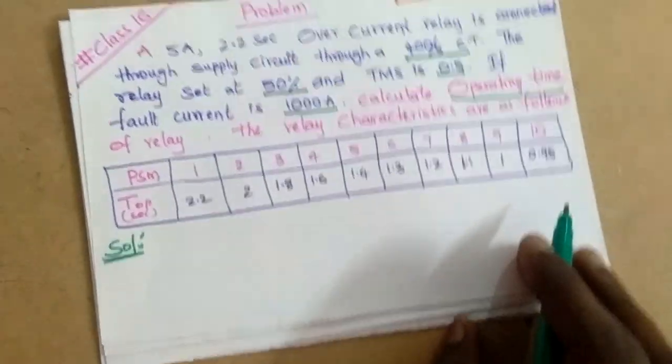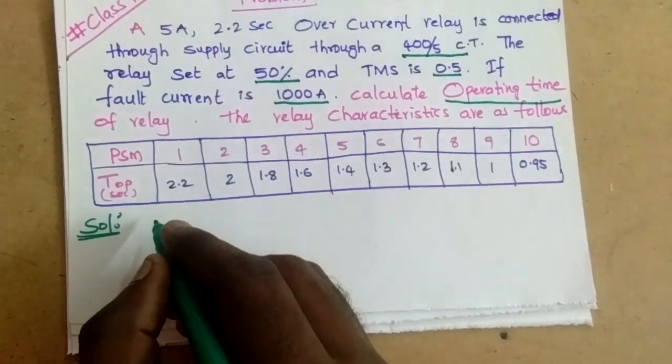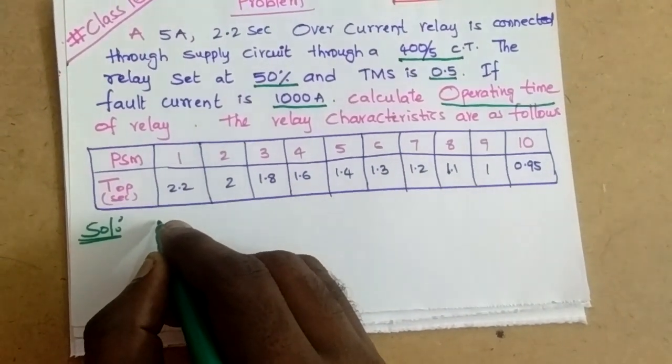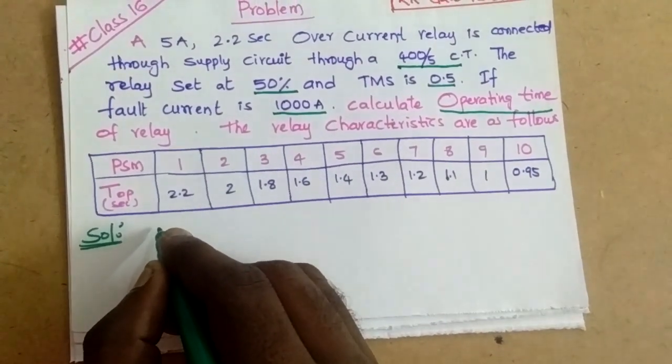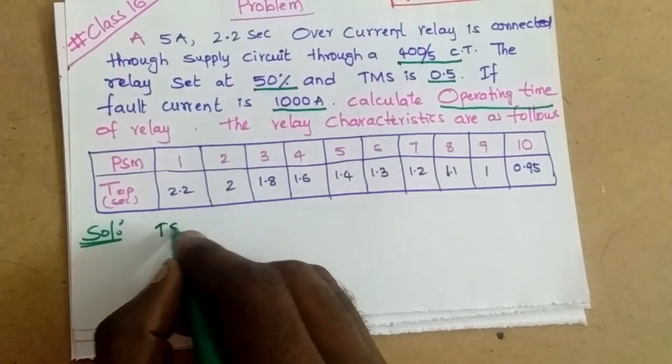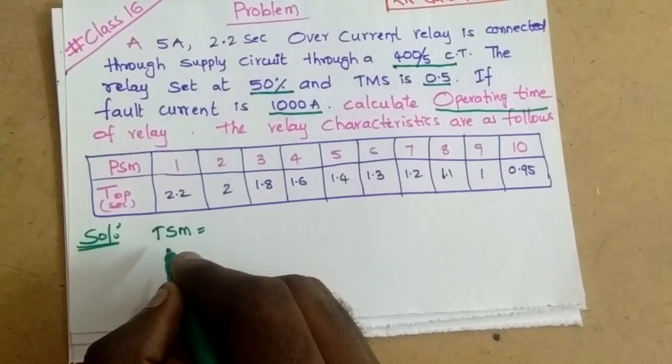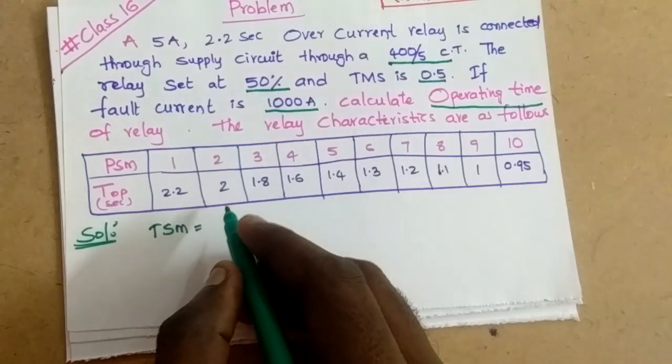So let us look at the solution. Operating time is in relation with TSM. So what is the formula for TSM?